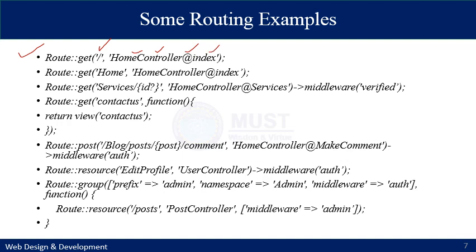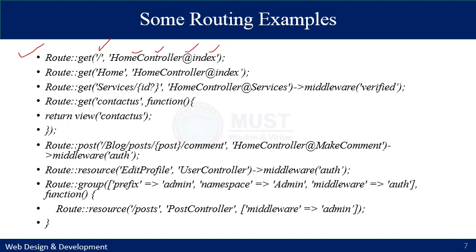So that means whenever you want to access the base of your application, the home controller's index method will be called, and any functionality in the index method will be implemented, and the result will be sent back to the user in the form of a response.